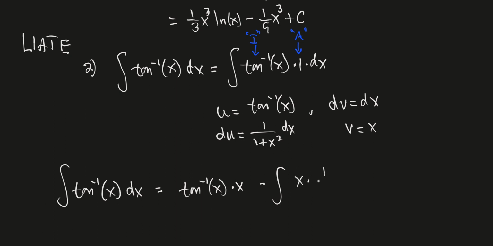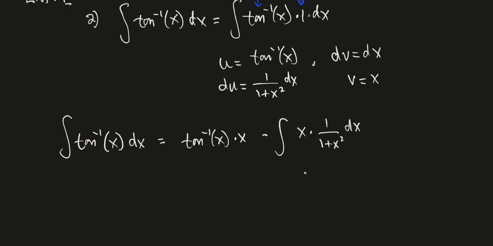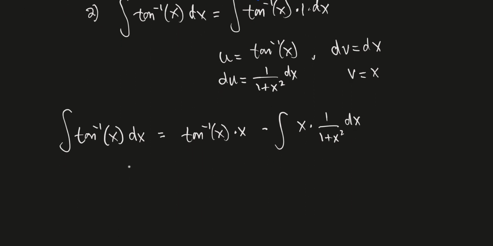So we have 1 over 1 plus x squared dx, right? So now we're left with this to integrate. So let me rewrite this step, right? So as usual, I like to put my polynomial first, and then what we will refer to as a transcendental function. And then this product here is the integral of x over 1 plus x squared, right?